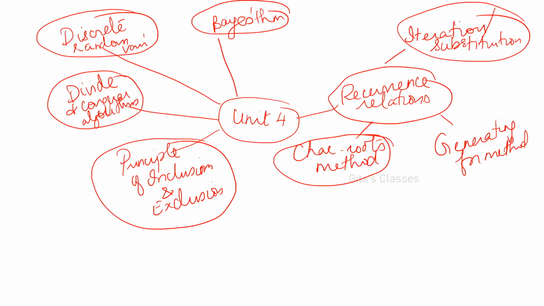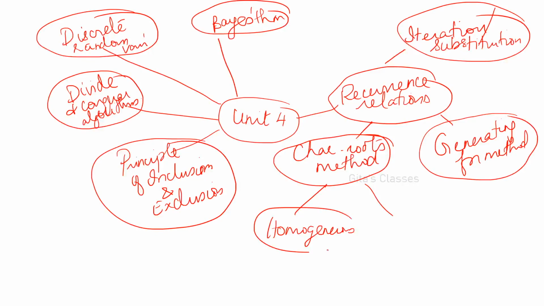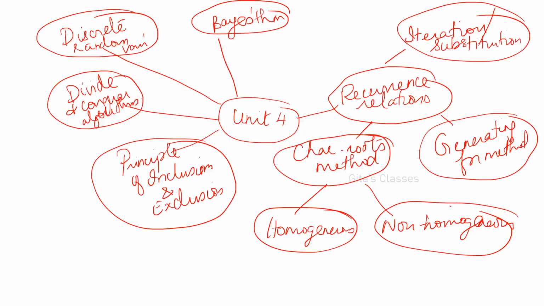To solve the recurrence relation, we have mainly these three methods. And in characteristic roots method, we have solved homogeneous recurrence relations and non-homogeneous recurrence relations also. It is a very small unit.